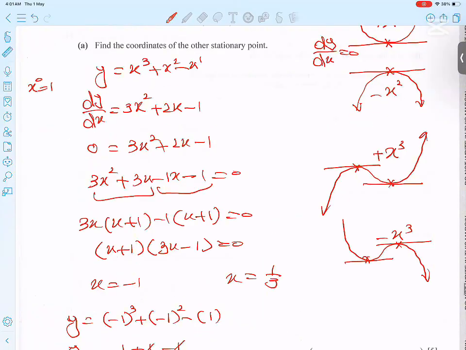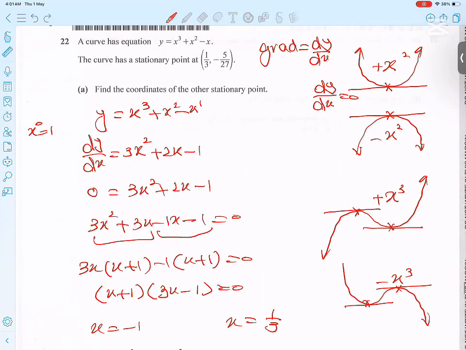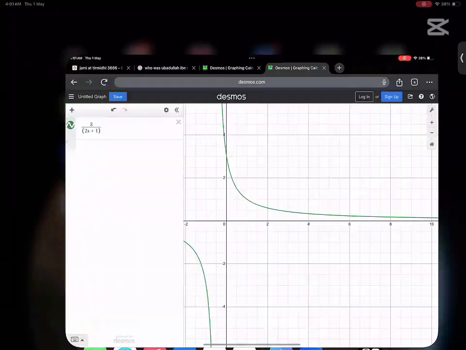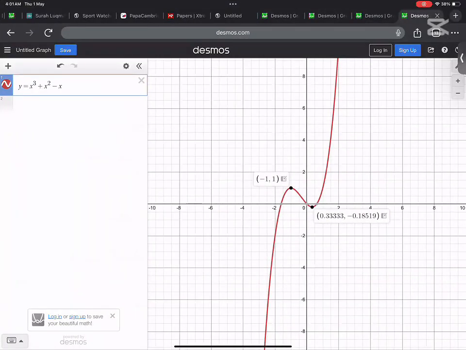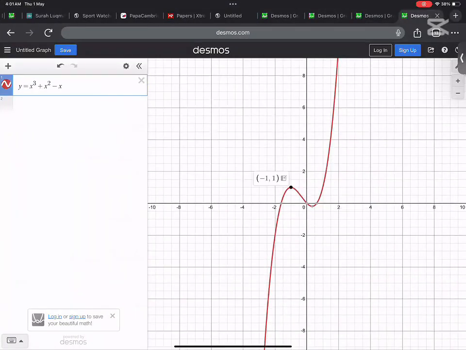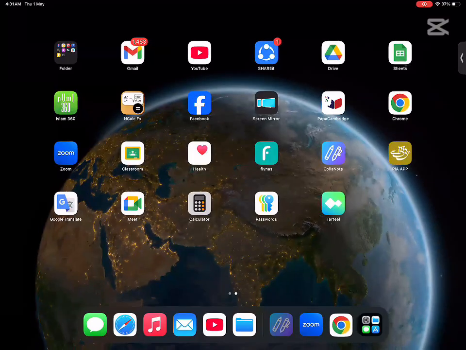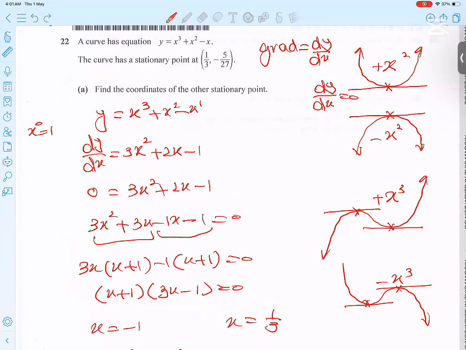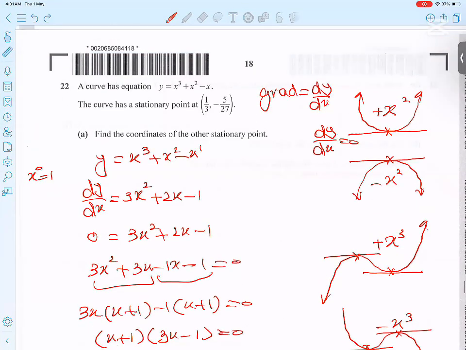Even I can show it in the graphical tool if I type this into the calculator. In the graphical tool, you can see, students, I have two stationary points. One stationary point is here, x is -1, y is +1. And the second stationary point is x is 1 over 3 and y is negative, about -1.85.